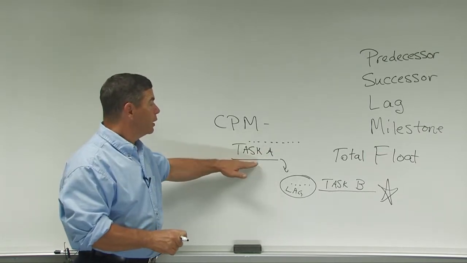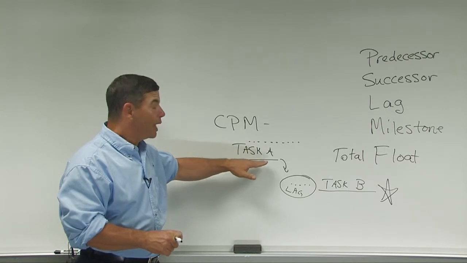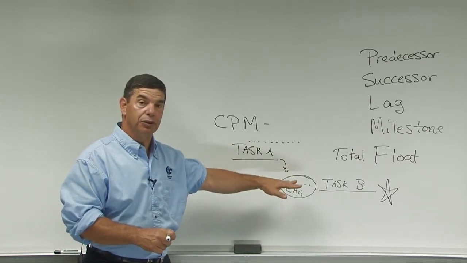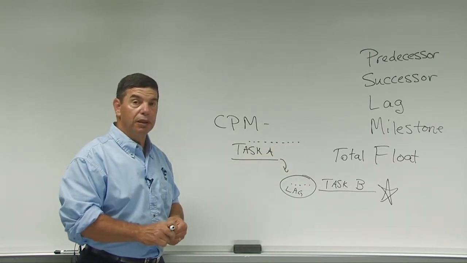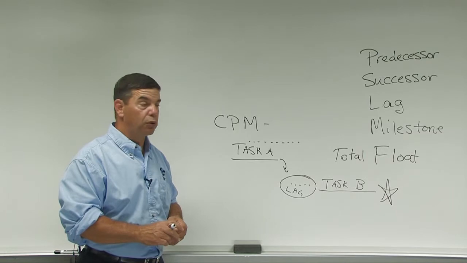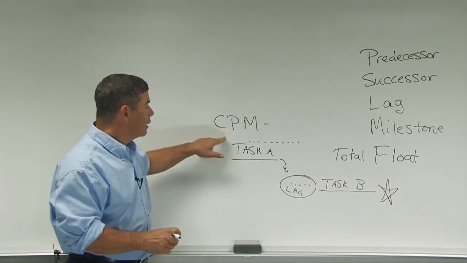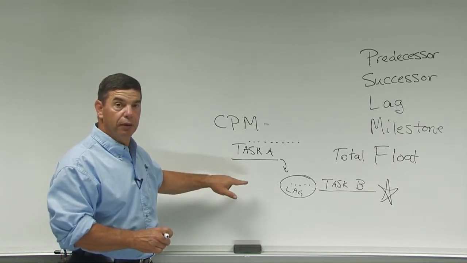Free float, the other type of float that we'll talk about, is the amount of time that task could be delayed without delaying any other tasks. But in MnDOT and on our work, typically the most important kind of float is total float. And then we have the term near critical.